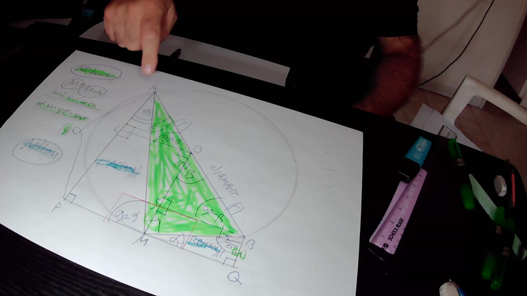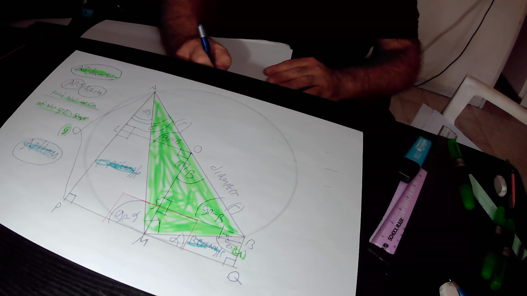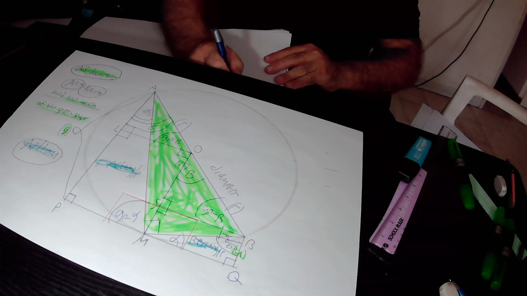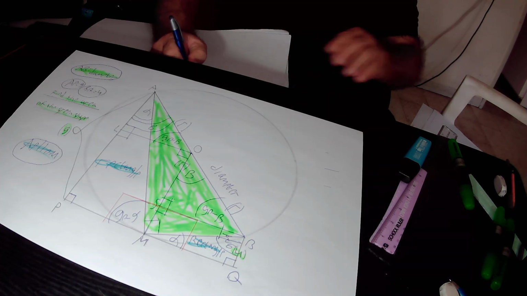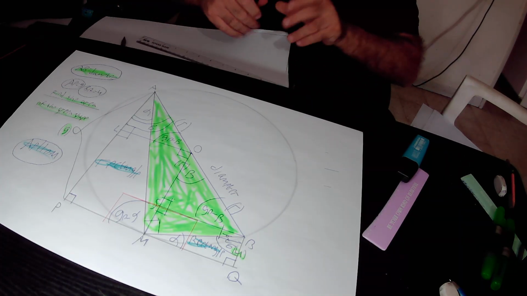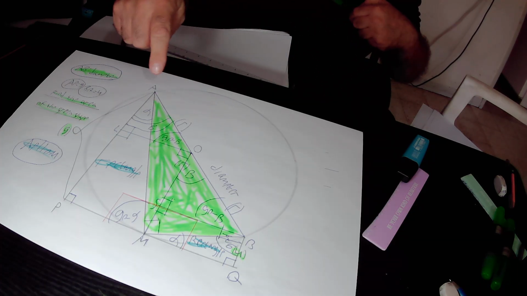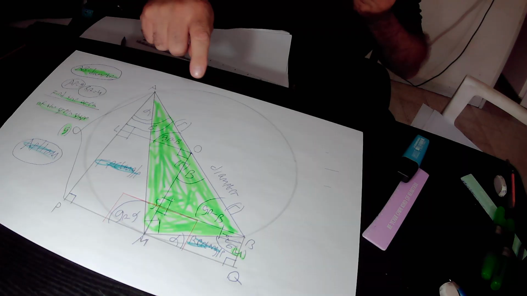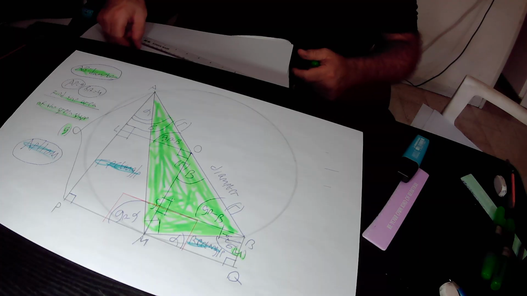So here, angle LAO in the right triangle ALO is equal to this angle SOB in the right triangle OSB.